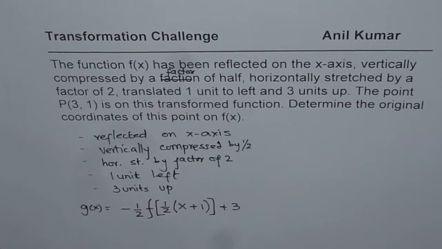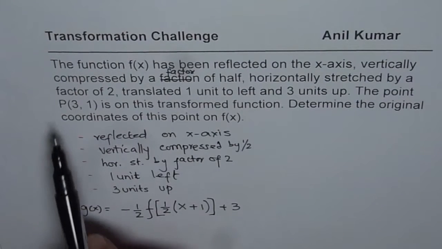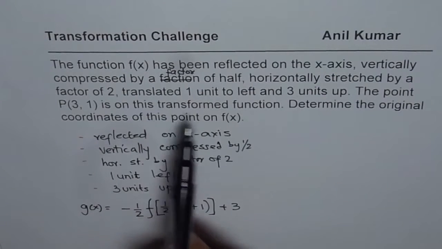So we have a function g of x, the transformed function, whose equation is minus half f of half x plus 1, plus 3.